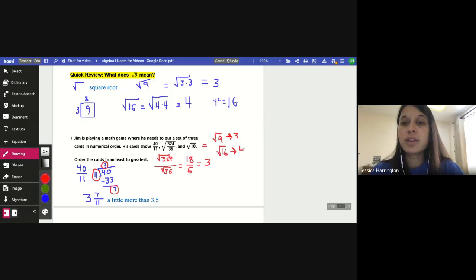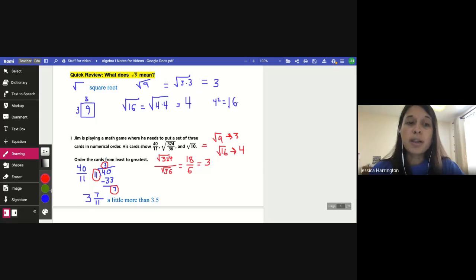So I know that number is going to be closer to 3 than it is to 4, because the square root of 10 is closer to the square root of 9 than 16. So it's going to be a little bit more than 3, maybe 3.1, 3.2. I'm not sure, but it's going to be a number a little bit bigger than 3.